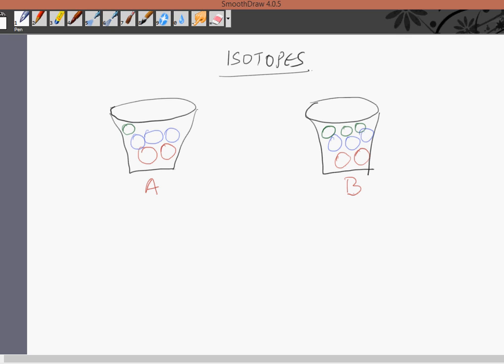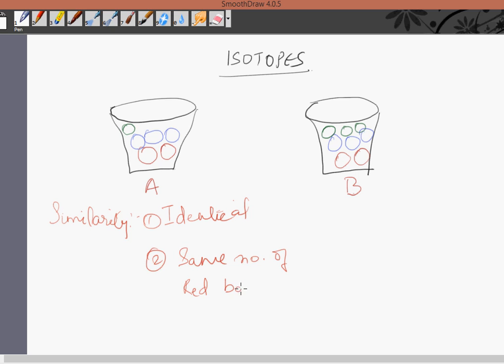So first of all, let me tell you the similarity they have. What is the similarity between them? First of all, they are identical. Second, they have the same number of red balls and blue balls, right?